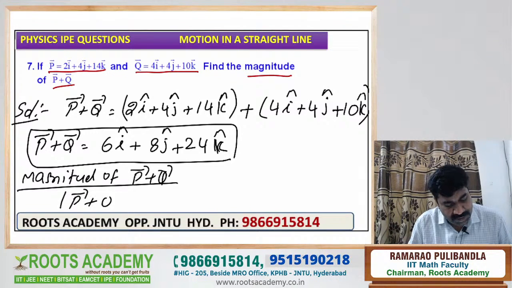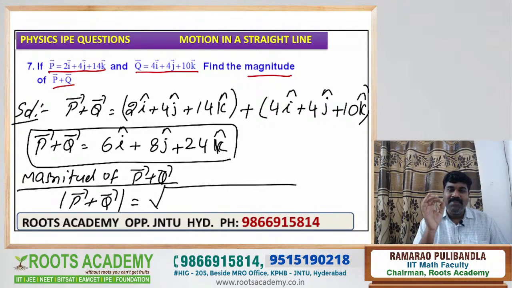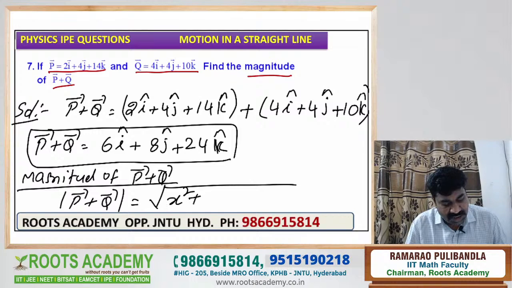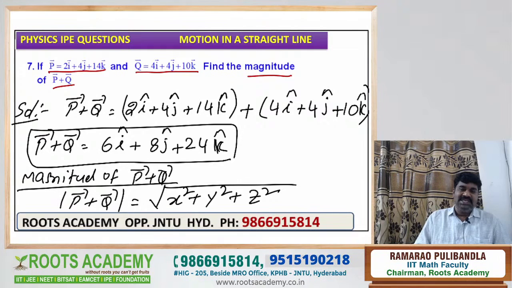The magnitude of P bar plus Q bar: it is in the form of x i cap plus y j cap plus z k cap, so the magnitude is the square root of x square plus y square plus z square. x is 6, y is 8, z is 24.